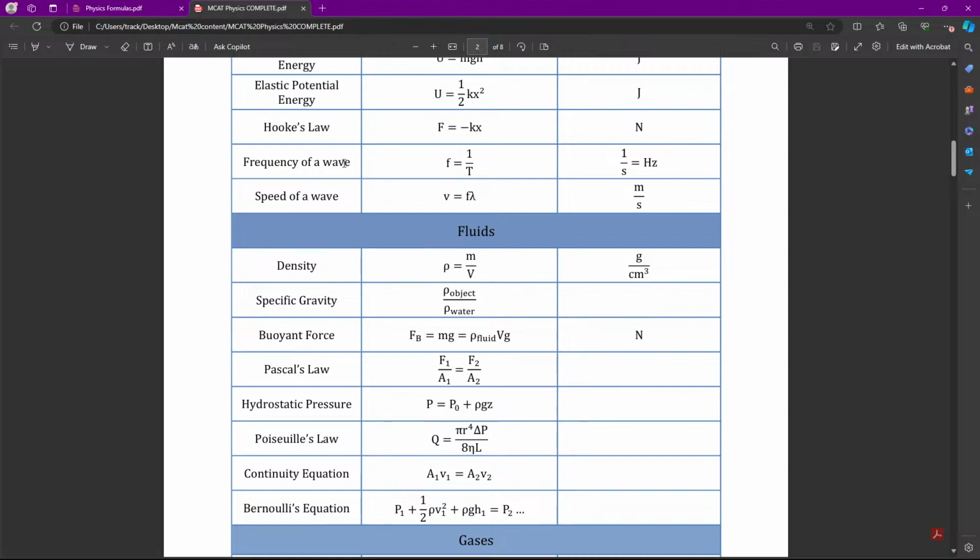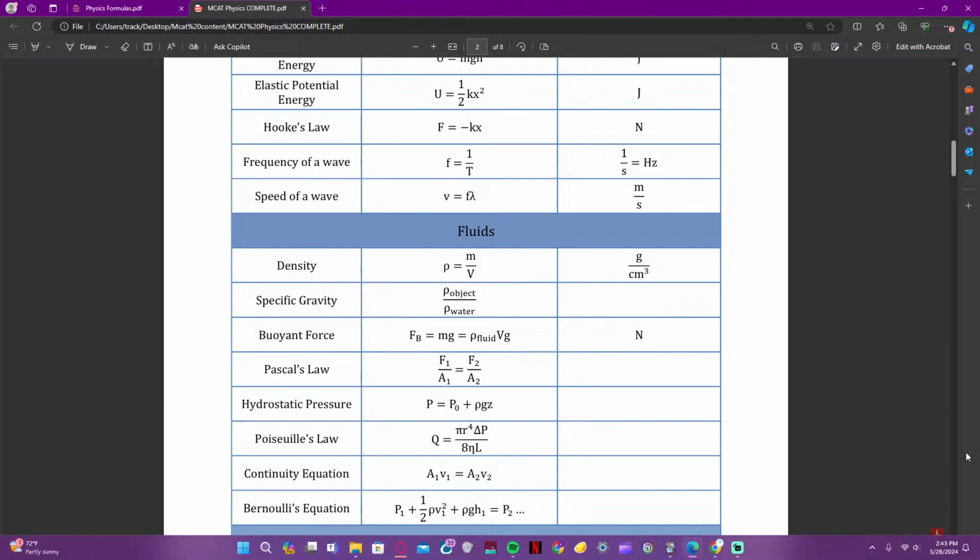Continuity equation is area 1 times velocity 1 is equal to area 2 times velocity 2. They have to be equal. Bernoulli's equation is P1 plus 1/2 density v squared plus density g h is equal to P2 plus the same terms.